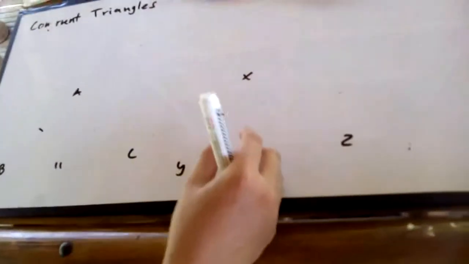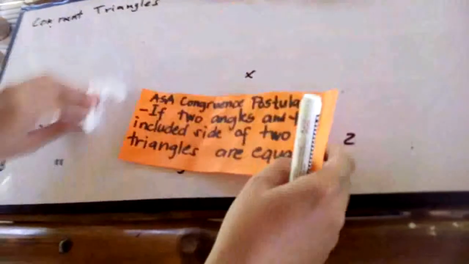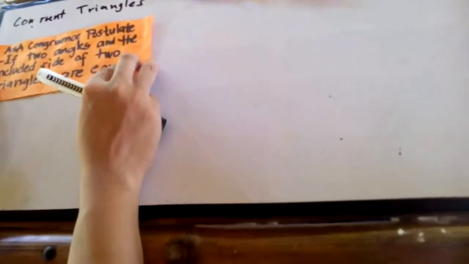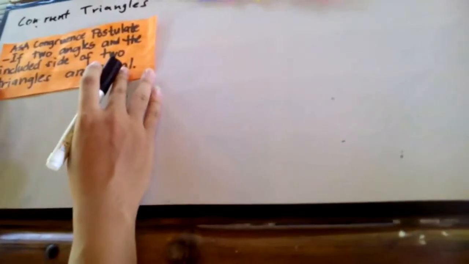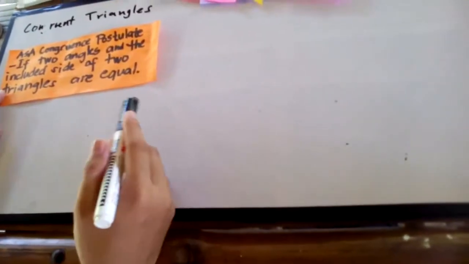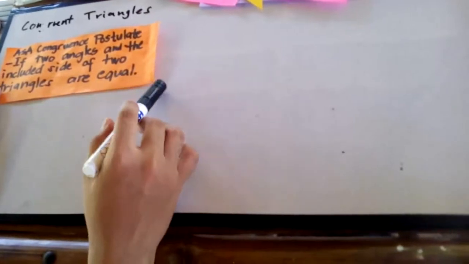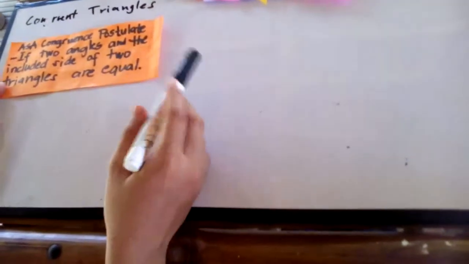The last postulate is what we call the angle side angle congruence postulate. Here, if two angles and the included side of one triangle are congruent respectively to two angles and the included side of another triangle, then the two triangles are congruent.